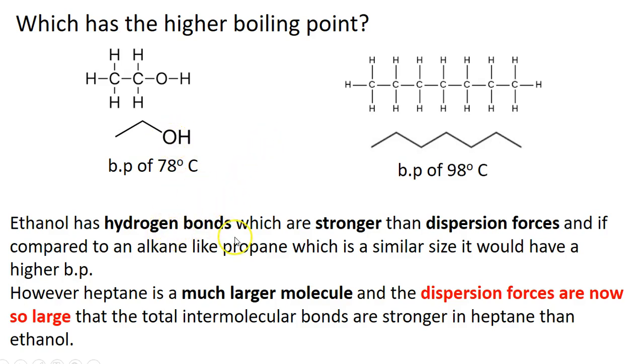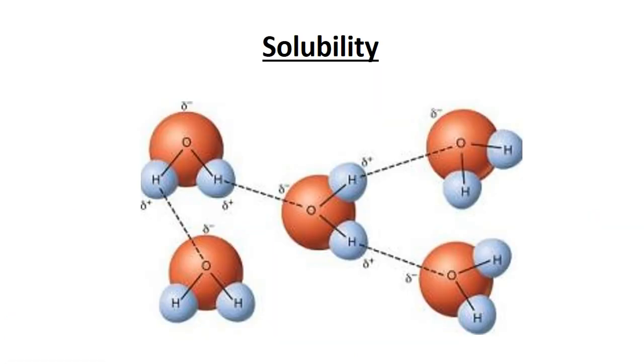The individual hydrogen bond is a stronger bond than dispersion. However, heptane is much larger, and if there's enough dispersion forces, then the total intermolecular bonds are stronger in the heptane than the ethanol. So you have to compare like size molecules.